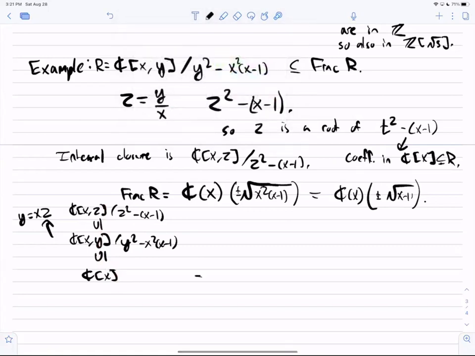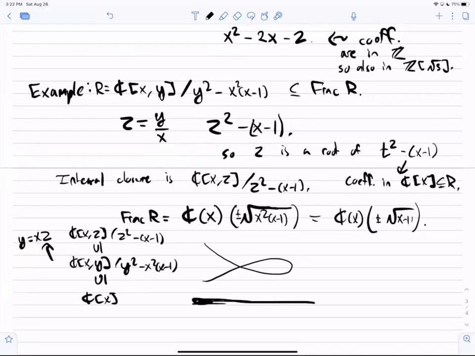This is functions on the affine line, like the complex plane, but I'm going to draw it just as a line because that'll be easier. This is functions on the roots of this polynomial in two-dimensional space. So it looks something like this.